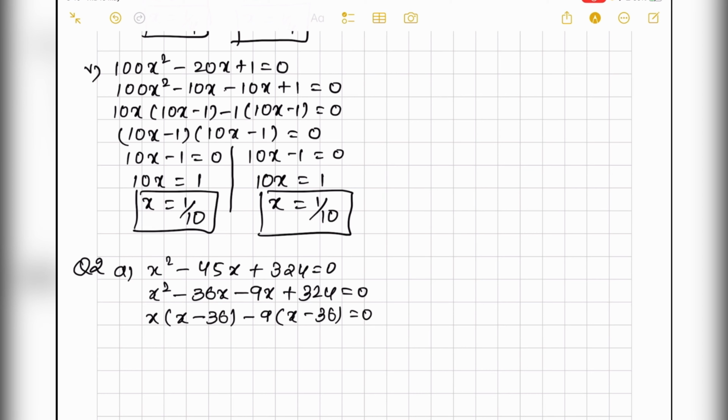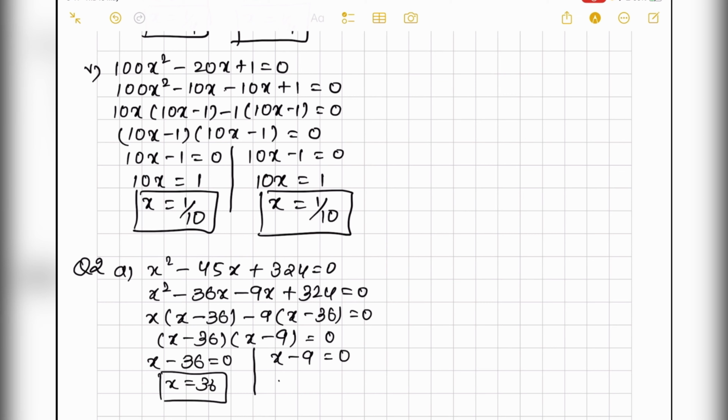So the first bracket is x minus 36, another is x minus 9 equal to 0. So either x minus 36 equal to 0 or x minus 9 equal to 0. So x equal to 36 or x equal to 9.